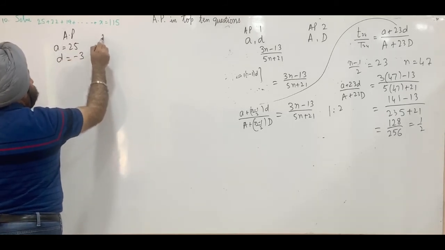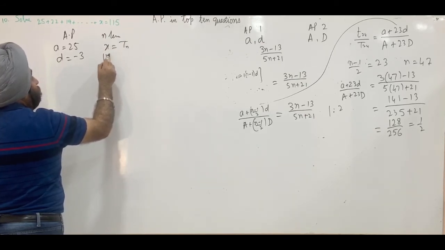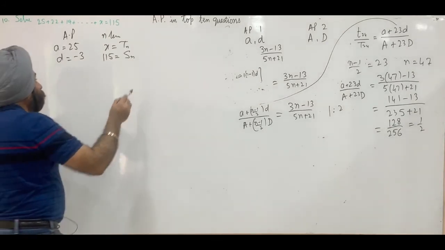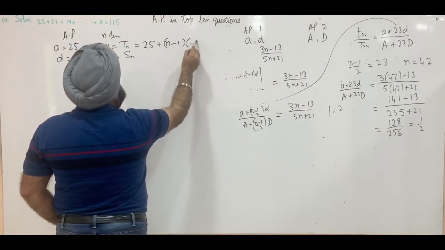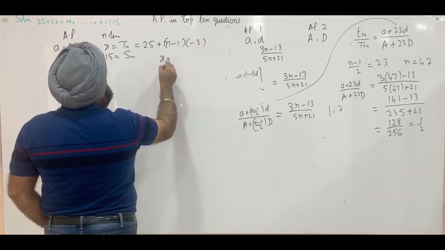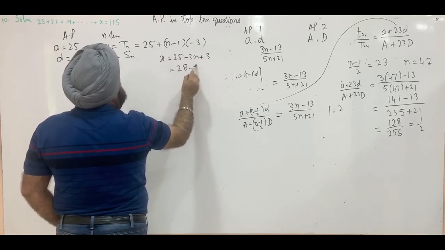The nth term is 25 plus (n minus 1) into the common difference of minus 3. That is, x is 25 minus 3n plus 3, or 28 minus 3n.